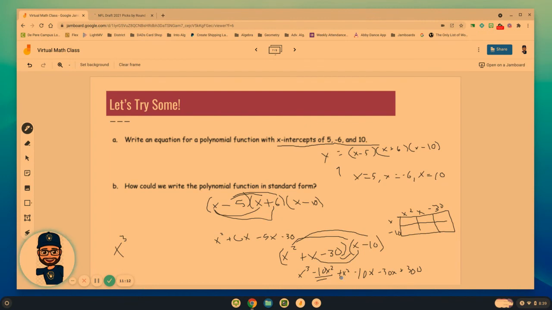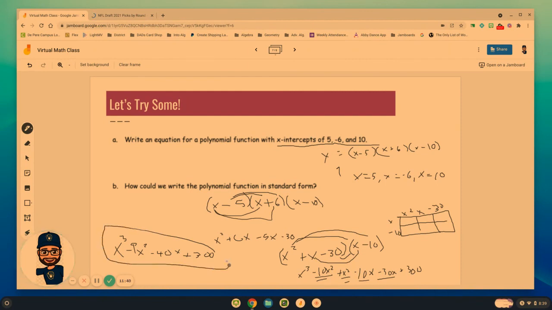Here's an x squared. There's an x squared. And that's it. Negative 10x squared plus x squared is negative 9x squared. Here's an x, and there's an x. Negative 10, negative 30 gives me negative 40x. Plus 300 is the only one without a variable. It's the only constant, so we leave it as plus 300.